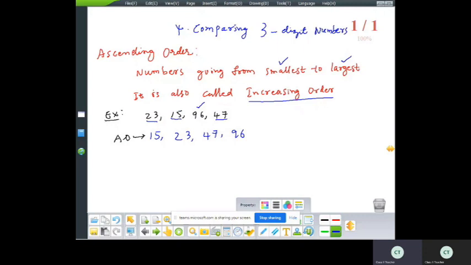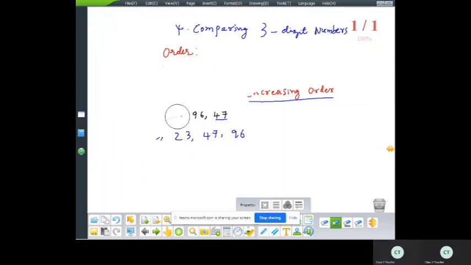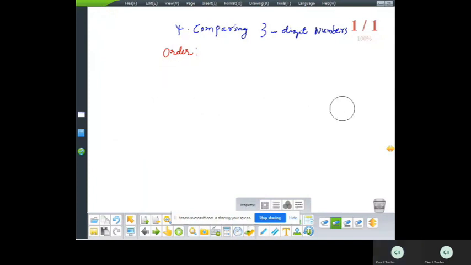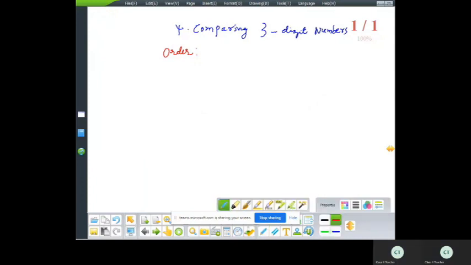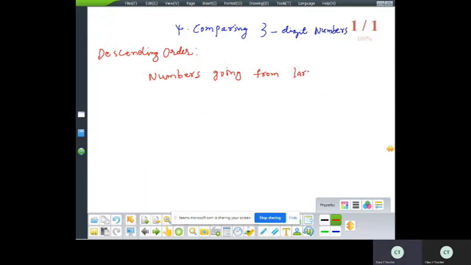Now next one is descending order. Descending order means numbers going from larger to smaller.